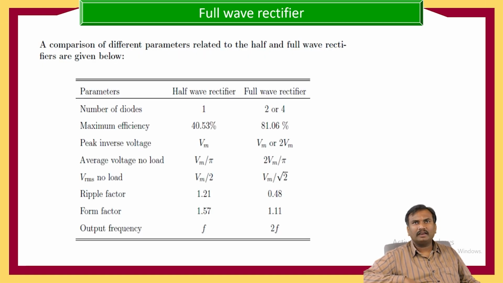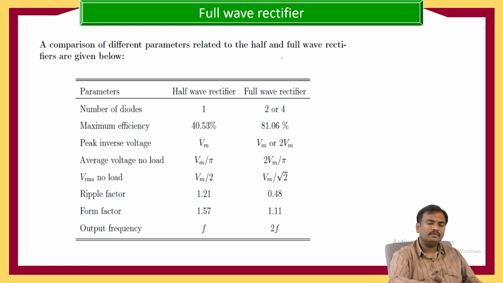And this is the comparison of different parameters related to the half wave and full wave rectifiers, given below. So here are the parameters for half wave rectifier and full wave rectifier. First, when we consider the number of diodes, in the half wave rectifier the number of diodes is only 1.